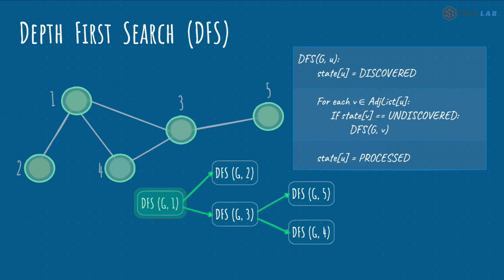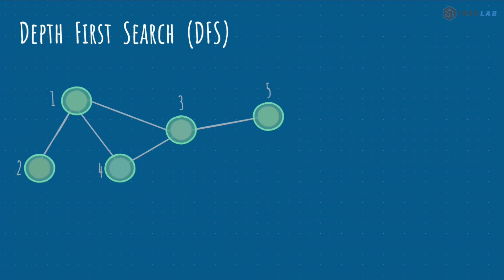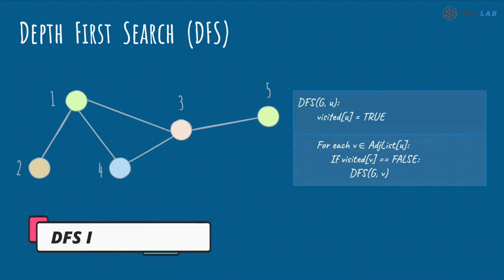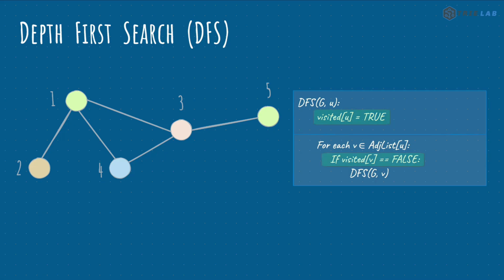Again, from an implementation point of view, it's helpful to know that we can actually track the discovery state of each node in a clean and simple way. Instead of using 3 separate labels for flagging undiscovered, discovered, and processed nodes, we can simplify this using a visited array, where each index in the array corresponds to a particular node.